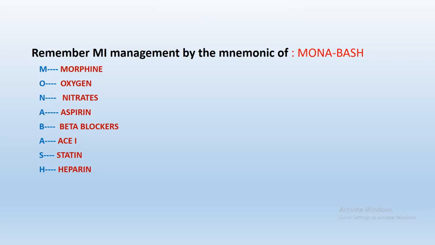You can remember the mnemonic for managing MI simply: MONABASH. Acutely you give morphine, oxygen, nitrates, aspirin and heparin, a beta blocker for increased heart rate to decrease mortality, and a statin also decreases mortality, and an ACE inhibitor also decreases mortality.